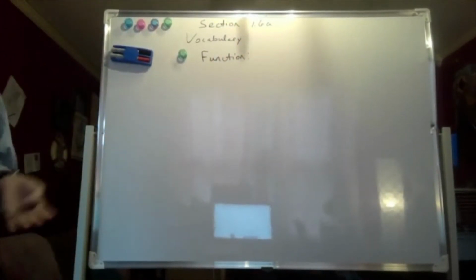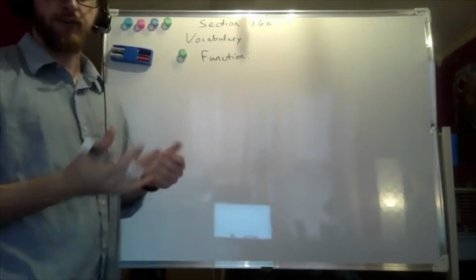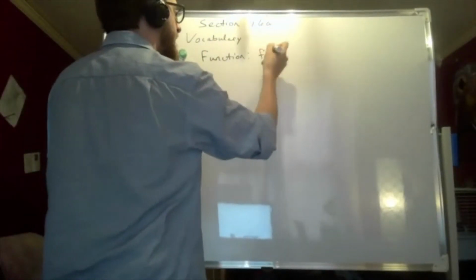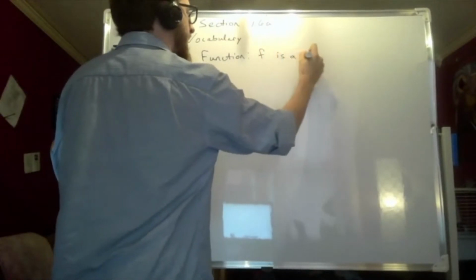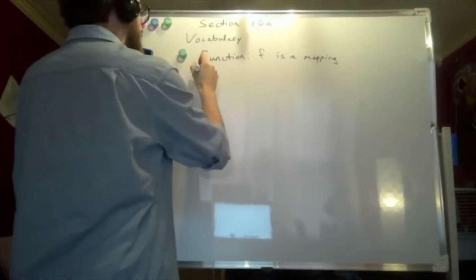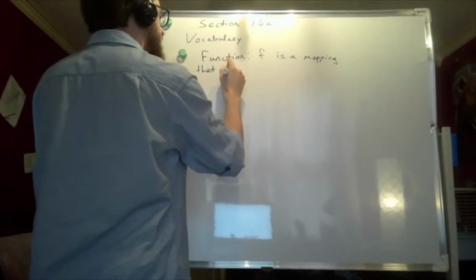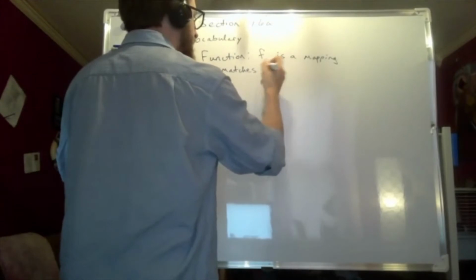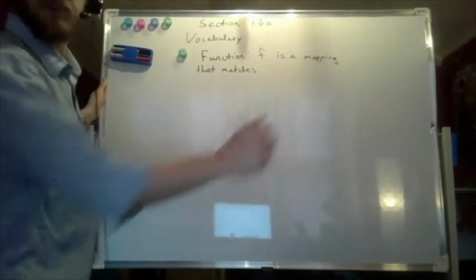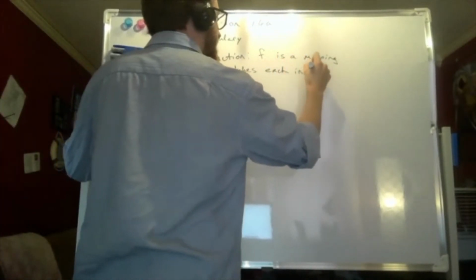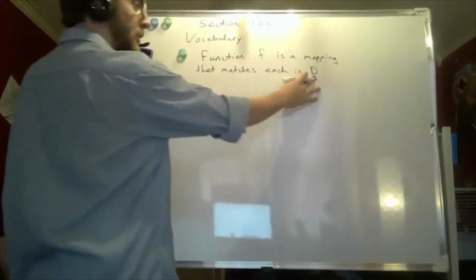Now, depending on the textbook and depending on the class, you may get slightly different definitions. For the purposes of this class, we're going to say if we have a function f, then f is a mapping that matches each x in some set D. Now we'll talk about what D is in a moment.